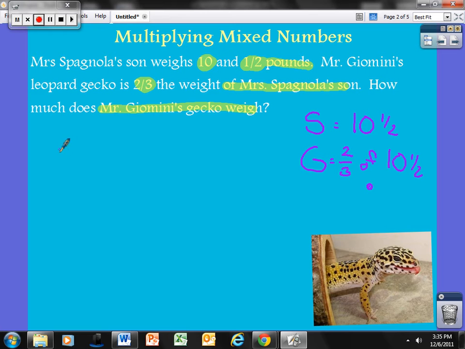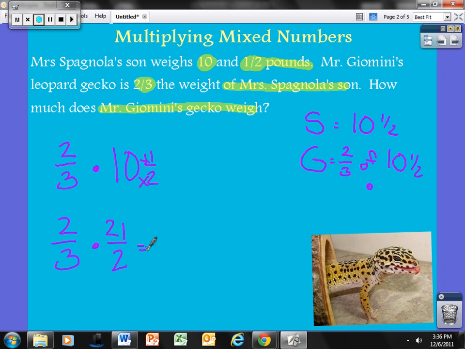So if I write it over here, I'm figuring out what is 2/3 of 10.5. Well, I can't multiply it the way it is, so I must convert it to an improper. I go 2 times 10 is 20 plus 1 is 21. So I have 2/3 times 21 over 2.